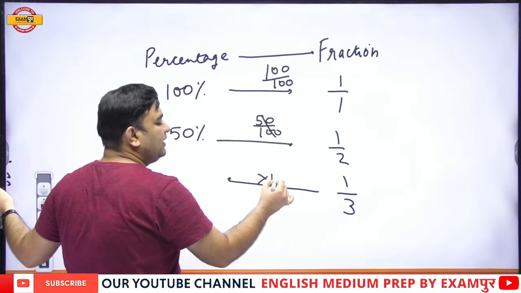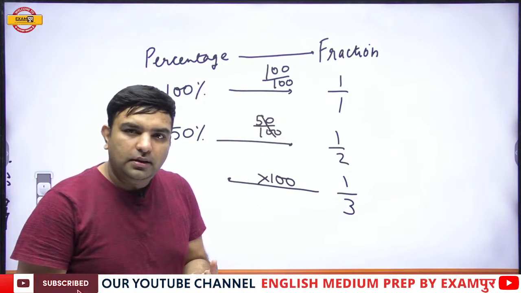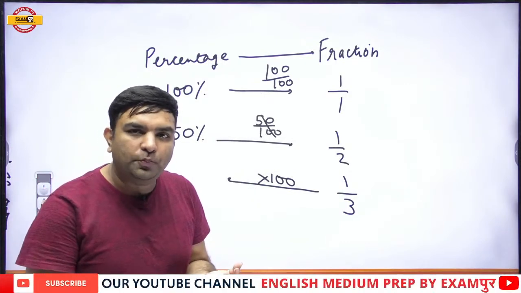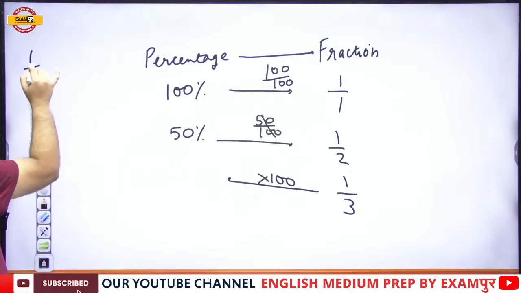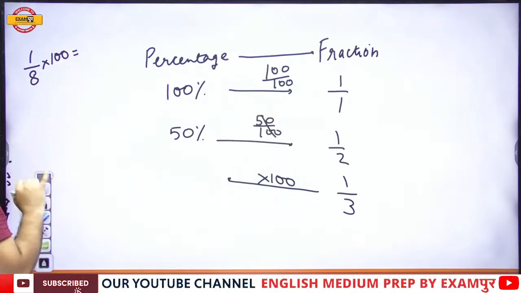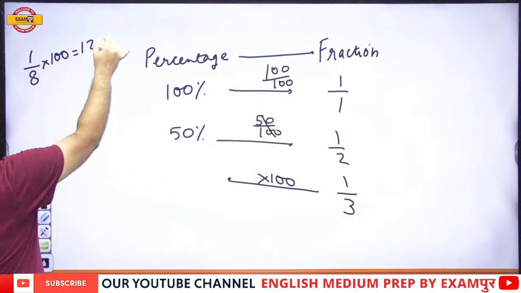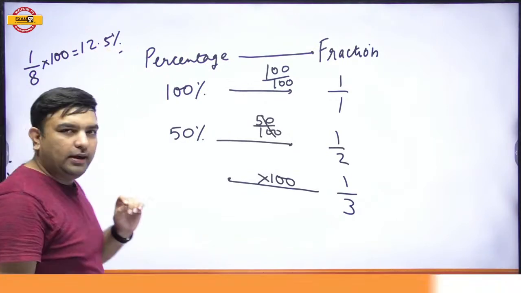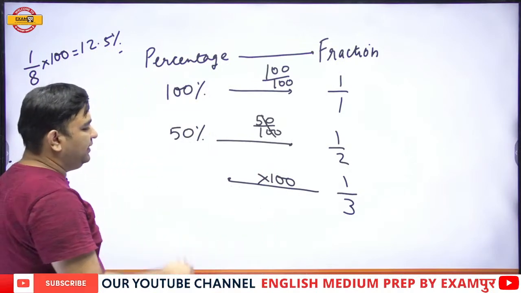Like anything, we can convert into a percentage by multiplying by 100. If you want to convert 1 by 8 into a percentage, what do you need to do? You need to multiply it by 100, then it will become a percentage.